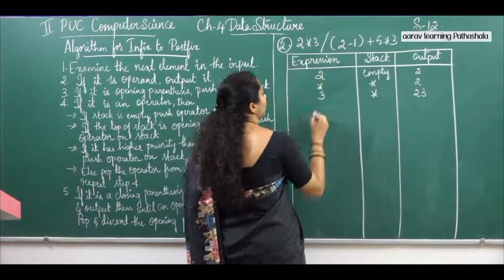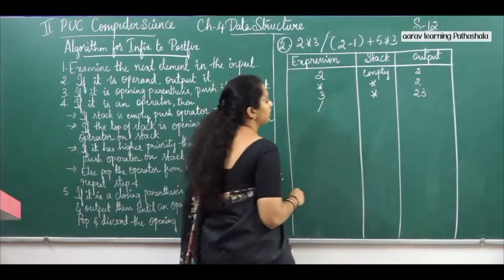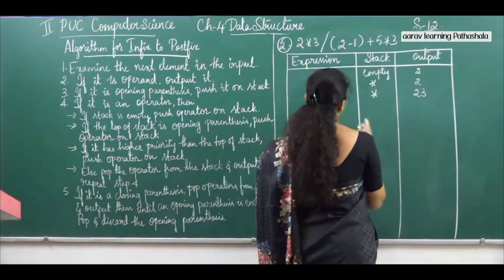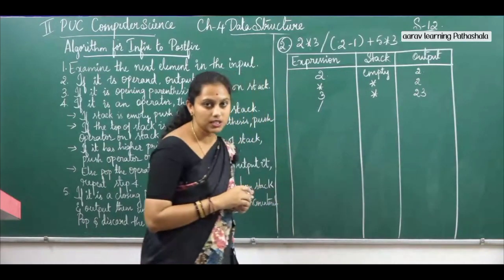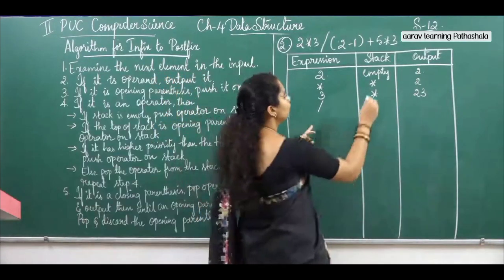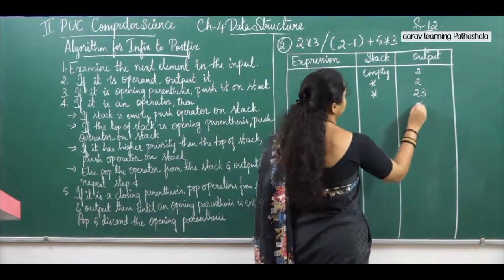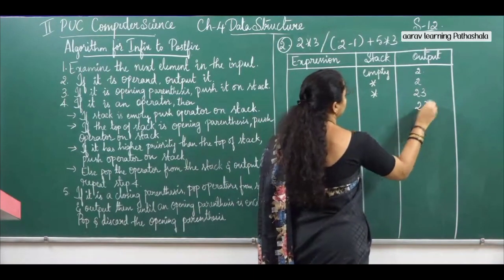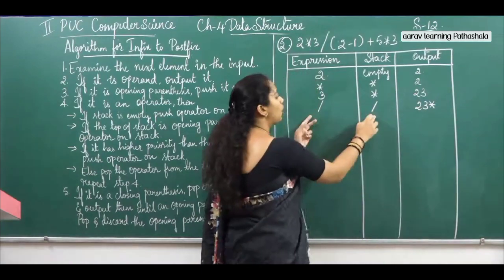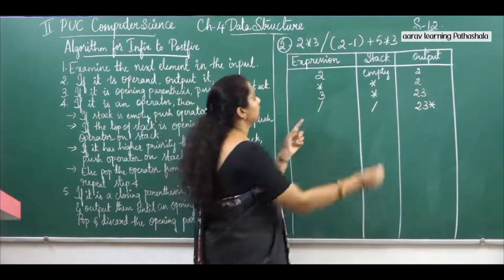Next is an operator. This operator has the same precedence level, so I am going to pop out this multiplication symbol. After this, I am pushing this operator into the stack.